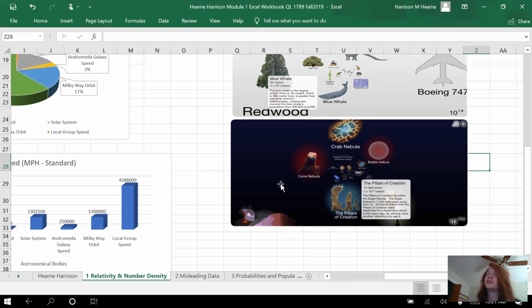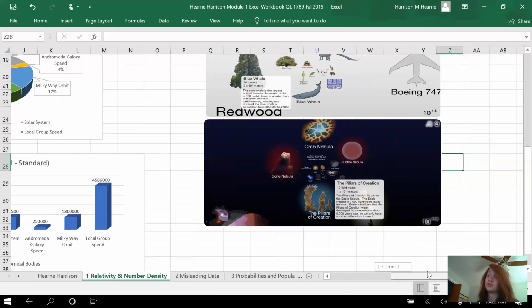So what we're actually looking at when we see the Pillars of Creation in the sky, on the rare occasion that we can, is light that's 7,000 years old. And the current theory is that the Pillars of Creation were actually destroyed by a supernova 6,000 years ago. If that is true, then in 1,000 years, people on Earth will be able to observe the destruction of the Pillars of Creation.